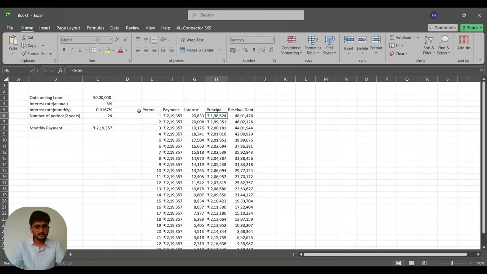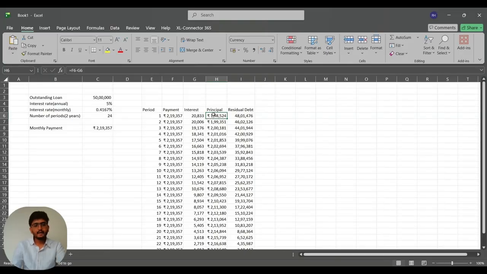This is the basic detail for the first month. What we did: 50 lakh rupees is the loan amount, the principal amount. We have to pay 2,19,357 rupees, of which the interest is 20,833.